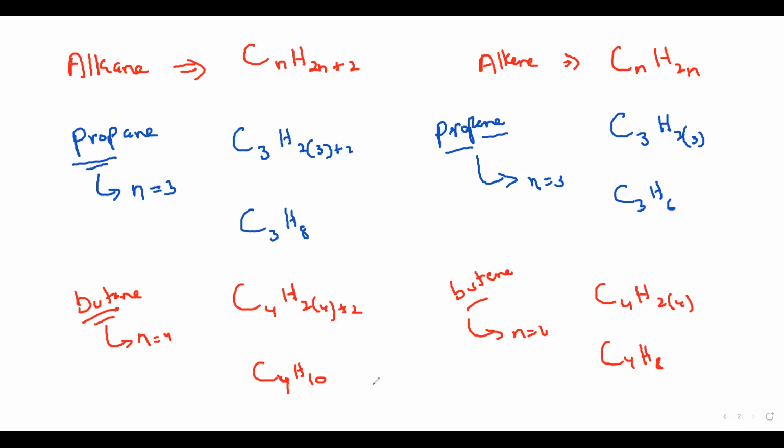So this is a general formula to remember about alkane and alkene. If a compound is alkane, what is the general formula? That is CnH2n plus 2.